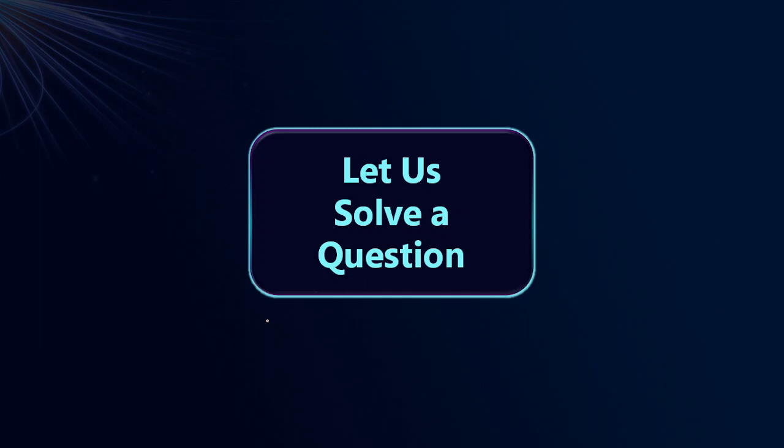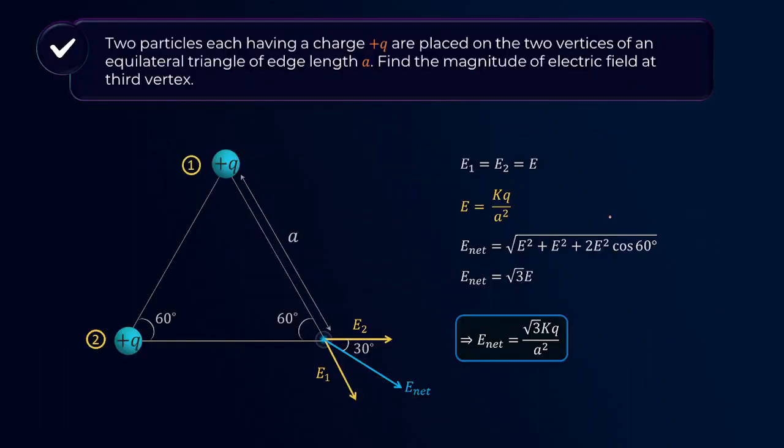Now, we can generalize one thing: if we have a regular polygon, it can be a pentagon, a triangle, or a square, in all these cases, if we have symmetric charges on the vertices or corners, then the net electric field will be 0, right? Now, next question.